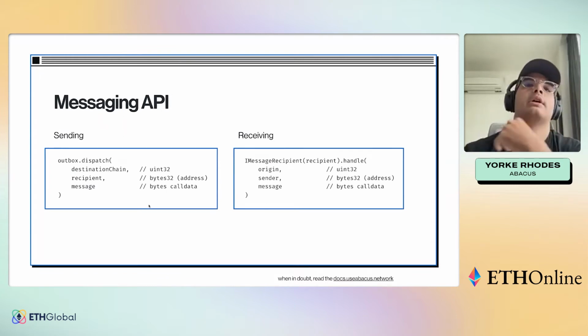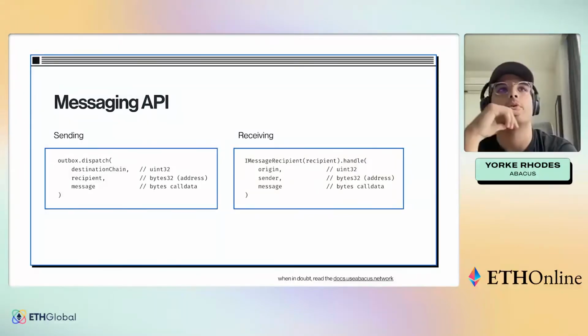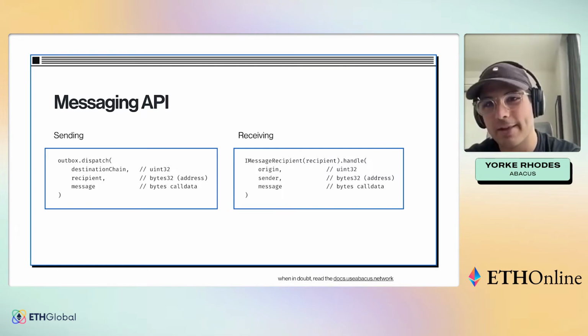So yeah, the messaging API of Hyperlane, super simple. There's 2 endpoints. You can send messages to other chains by calling the dispatch function on our outbox smart contract. So the analogy we use here is sending messages in the mail.